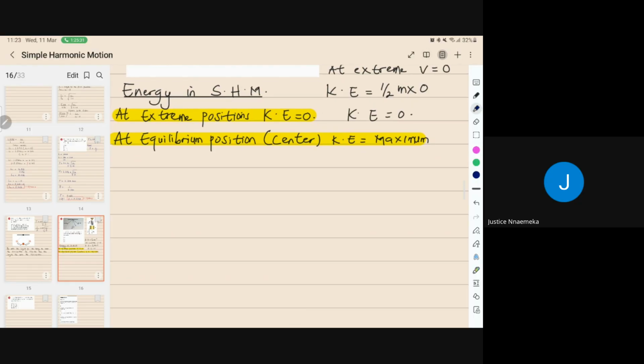Now, you know that potential energy is mgh.